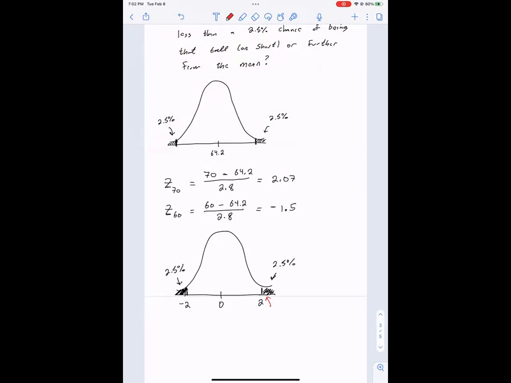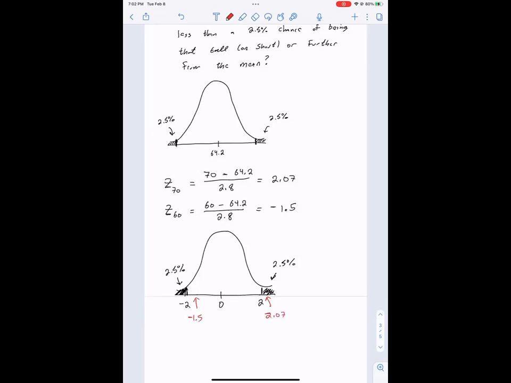So 2.07 falls in the region where we call it an unusual result, whereas negative 1.5 falls in the region which is not an unusual result.